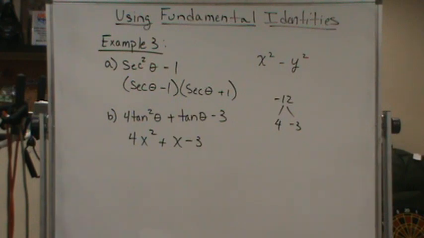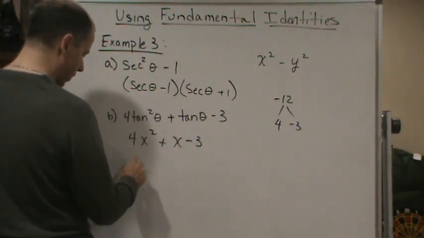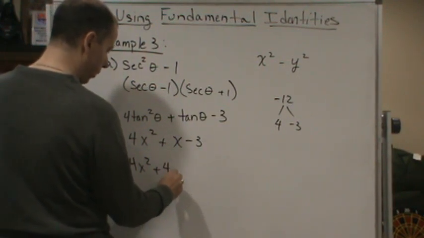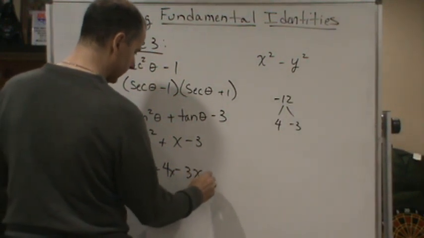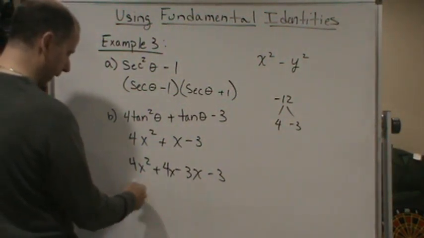So all I have to do is decompose the middle term, right? So this is going to be 4x squared plus 4x minus 3x minus 3. And now I can just factor by grouping, right?